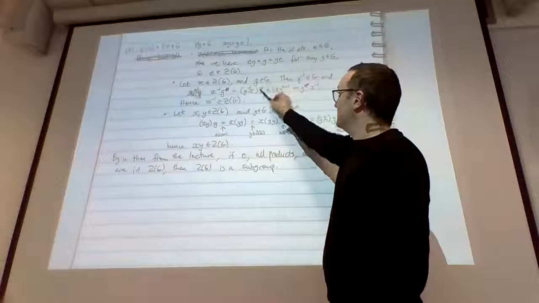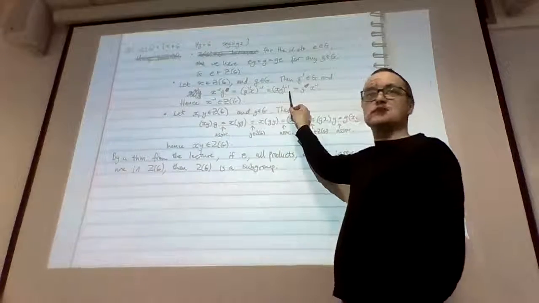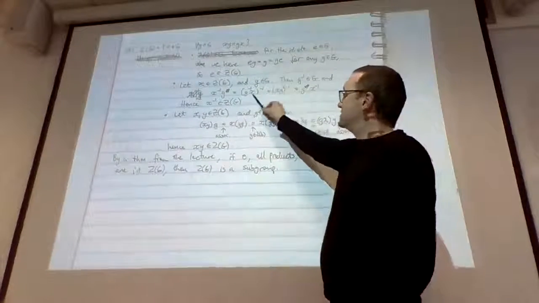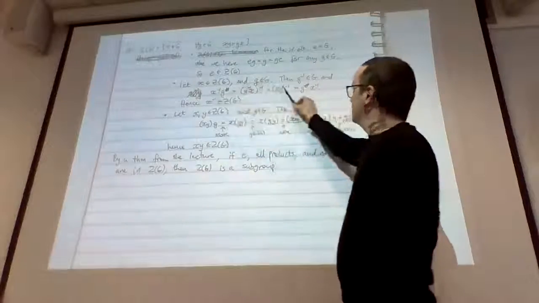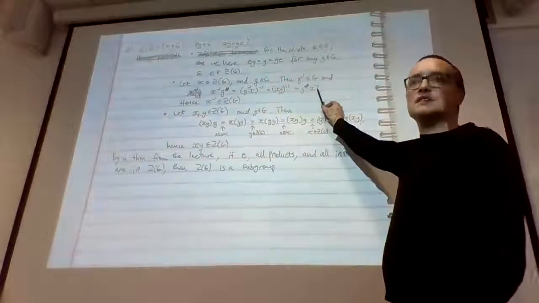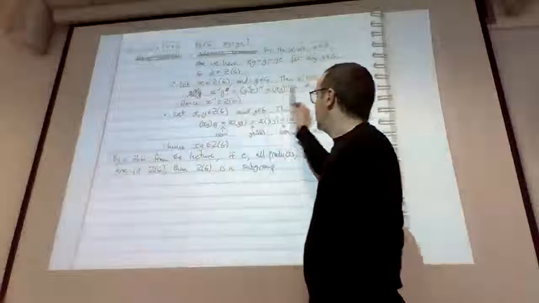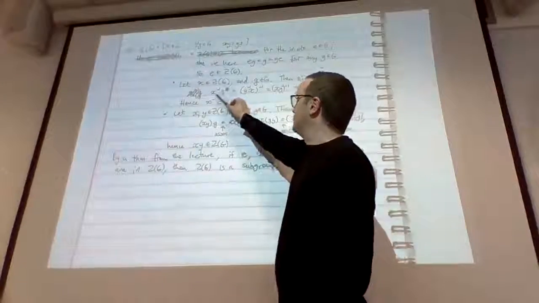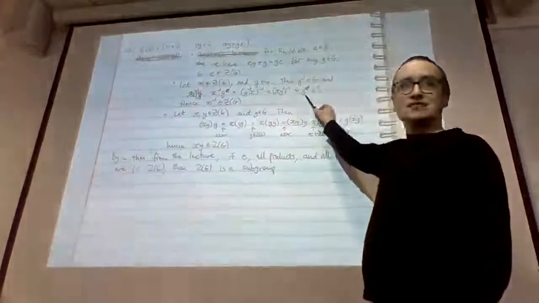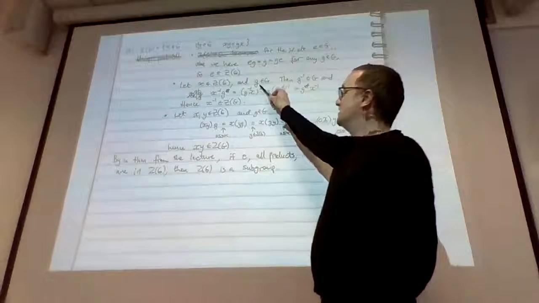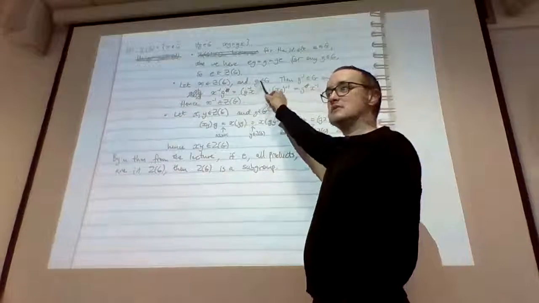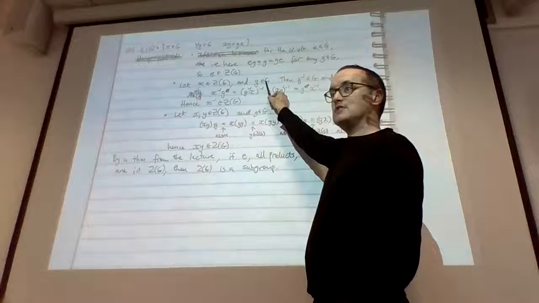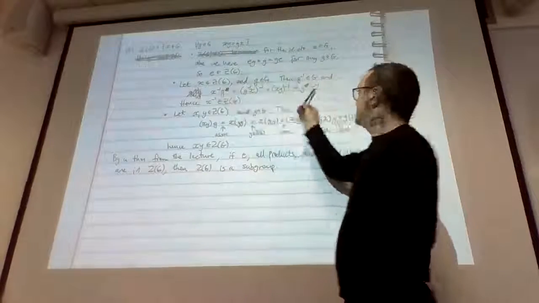But then these two elements, their inverses must be the same. The inverse of this one is X inverse G, the inverse of this one is G X inverse. So beginning to end, you've got the required equation: X inverse commutes with this little G. And this little G is chosen without any restriction from the group G. So X inverse commutes with everything.